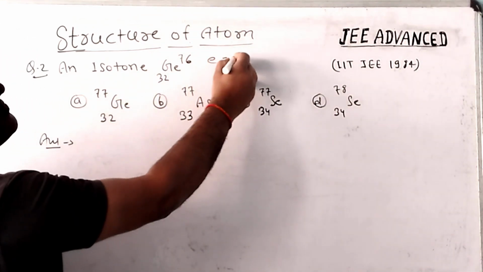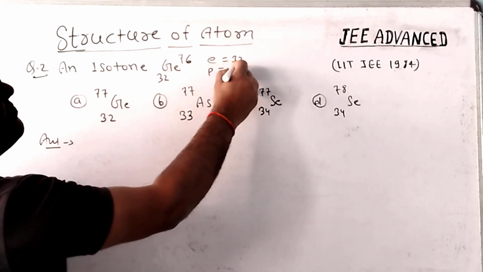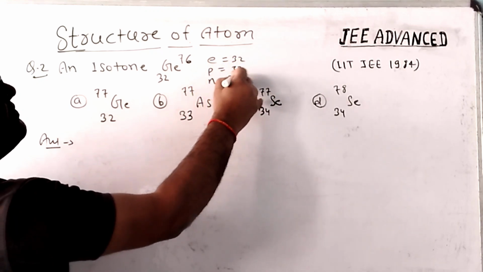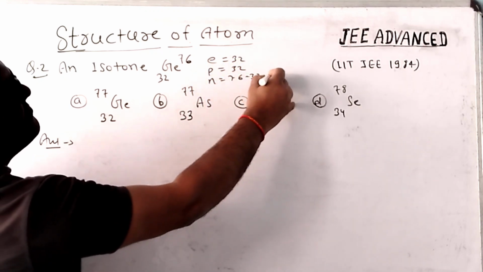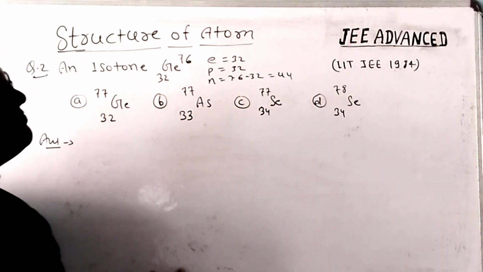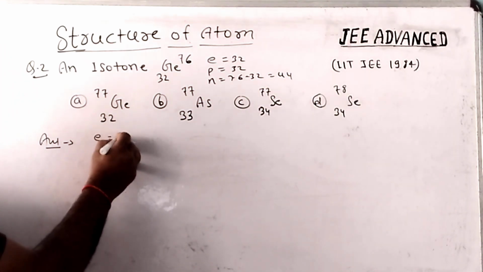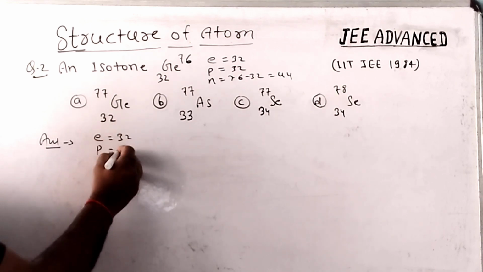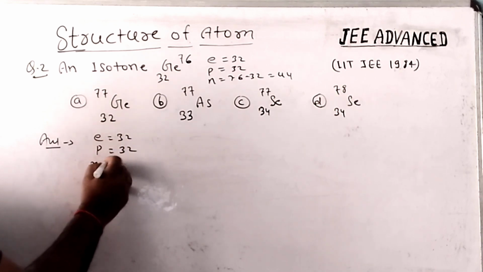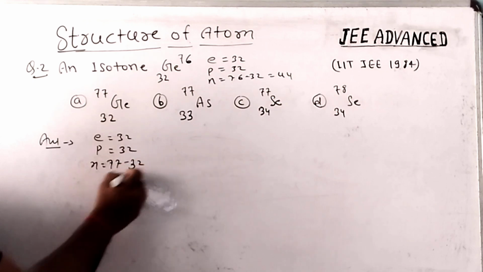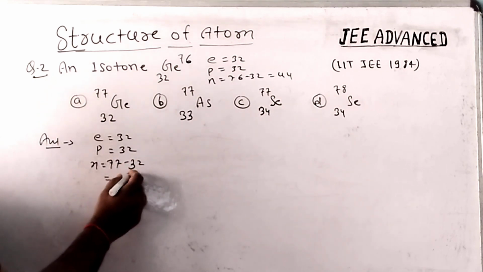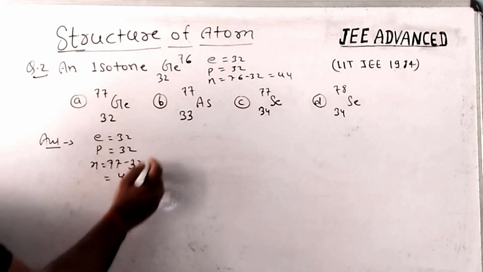now we can easily find, you can take a screenshot one by one. Here electron is 32, proton is also 32 and neutron is 76 minus 32, so 44 neutrons are here. In the first case electron is 32, proton is 32 and neutron is 77 minus 32, so 55 neutrons are here.